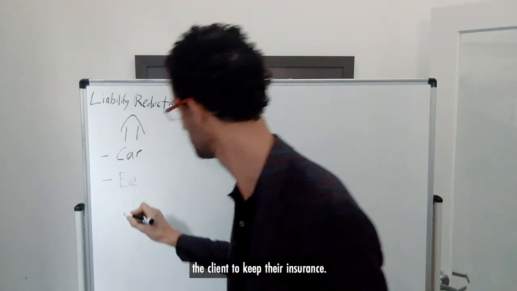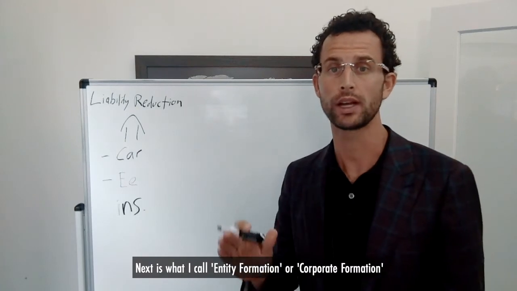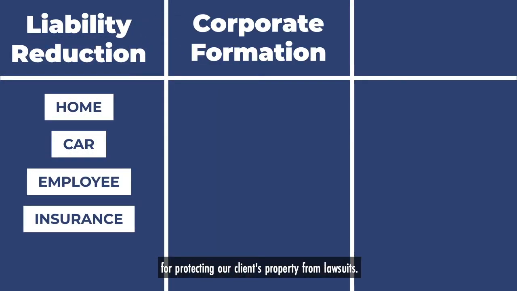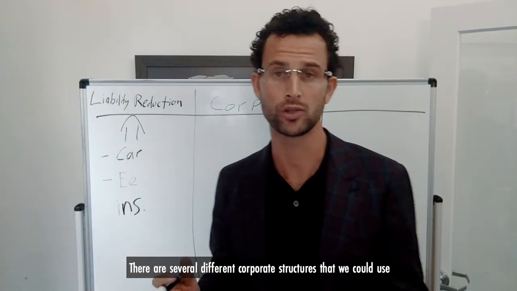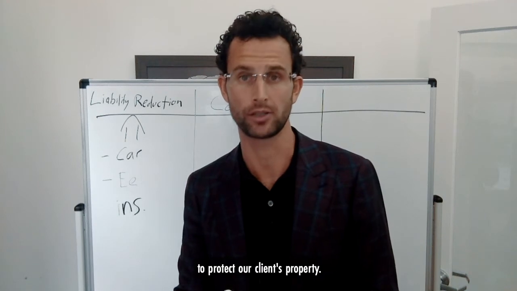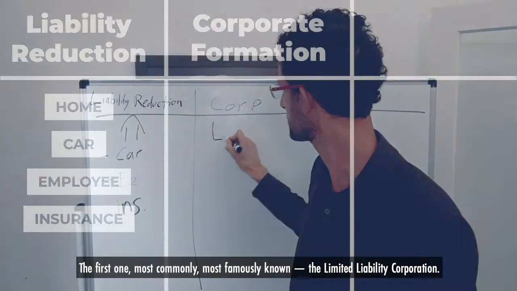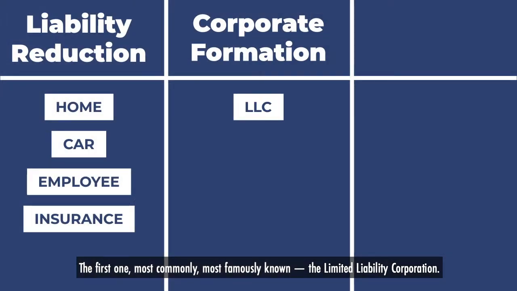Next is what I call entity formation or corporate formation for protecting our client's property from lawsuits. There are several different corporate structures that we could use to protect our client's property. The first one is most commonly and most famously known, the Limited Liability Corporation.